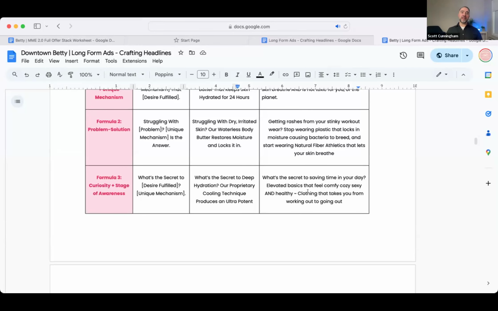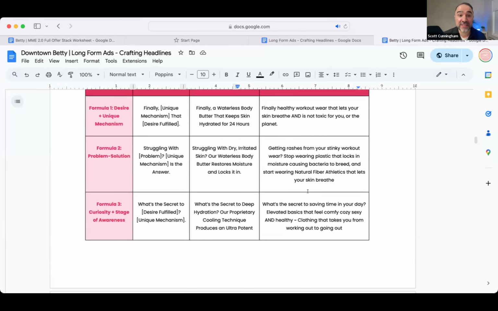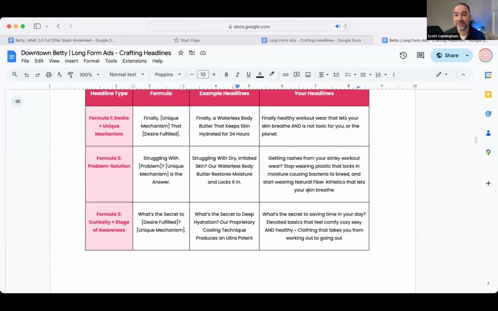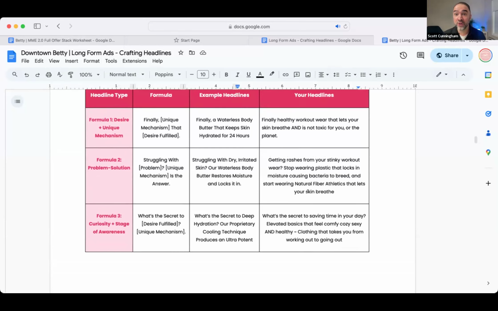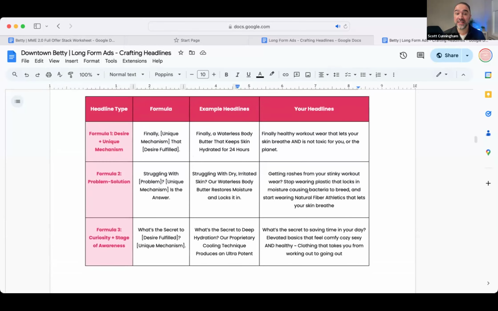I would say Katie is a good example of someone who's not going to have a hard time with the category of one headlines. The category of one headline is the next step that we're doing: we're not doing the formulas, we're going to write headlines. The reason you're not going to have an issue is that you came up with these on the fly.